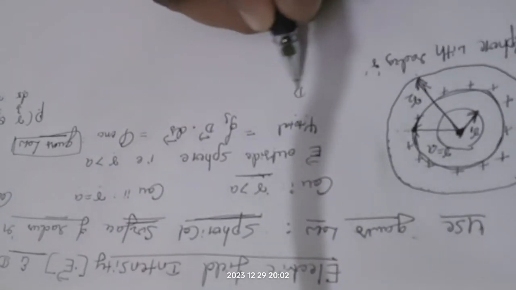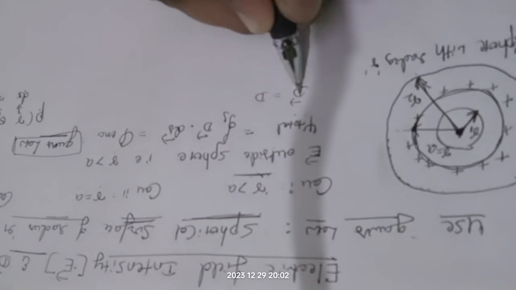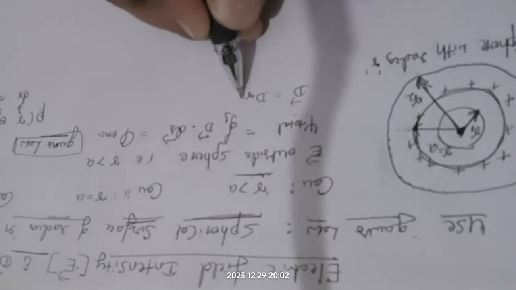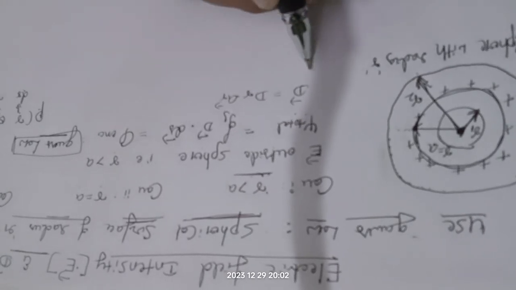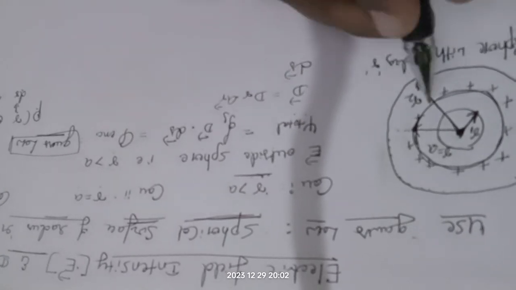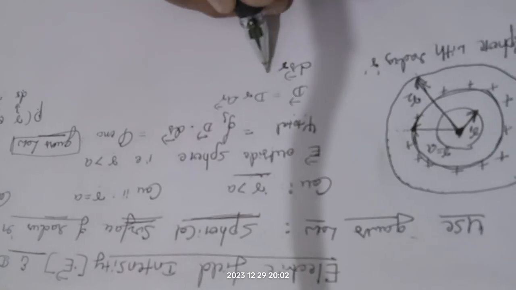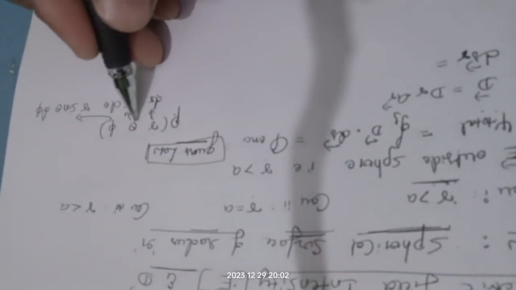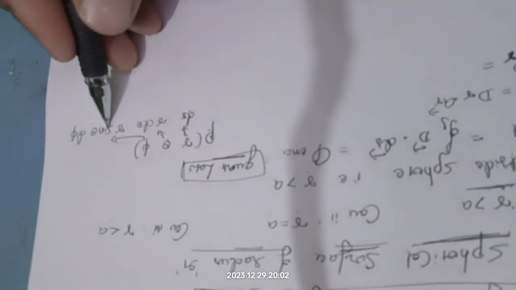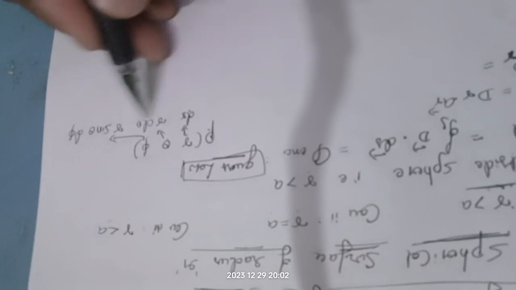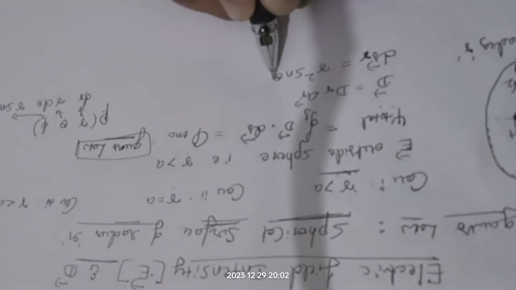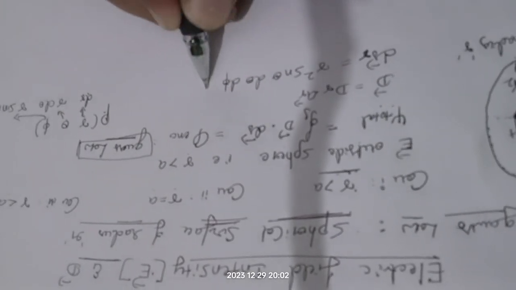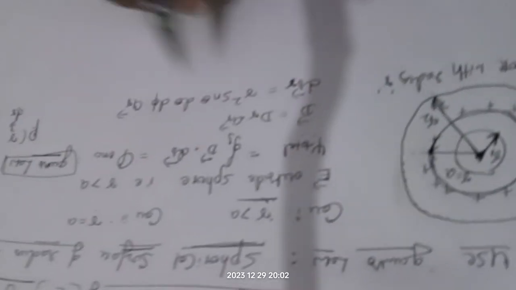Capital D vector, the electric flux density, is D_r a_r. Similarly, dS, which is normal to the radial direction, is r d theta times r sin theta d phi.